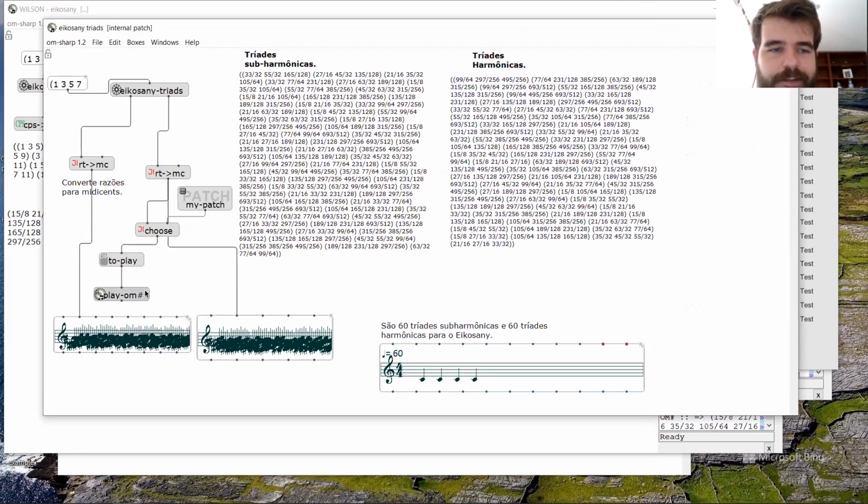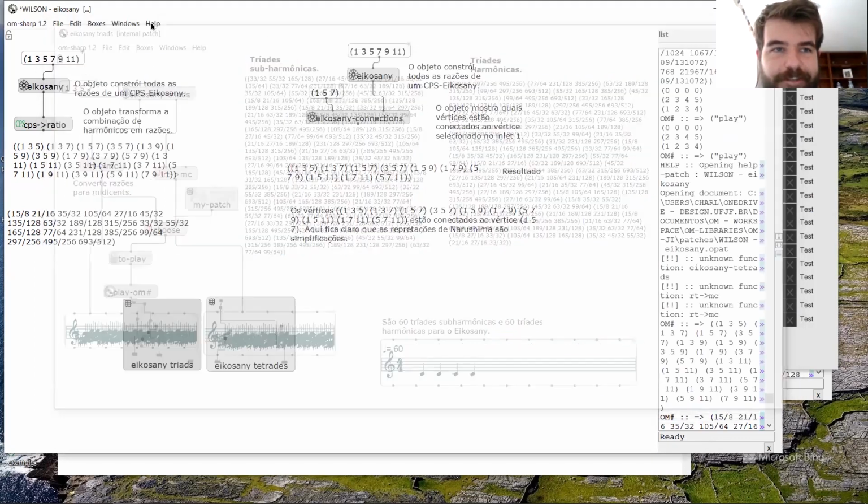So here we can hear that. And here the sub-harmonic triads. There are a lot of things to hear.